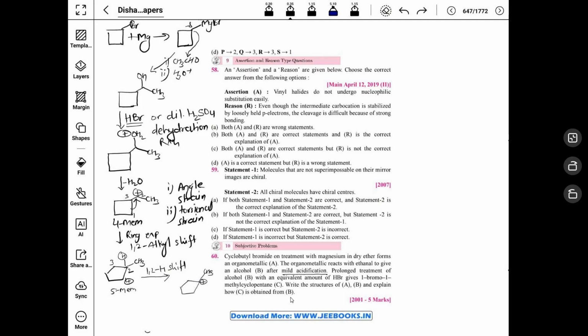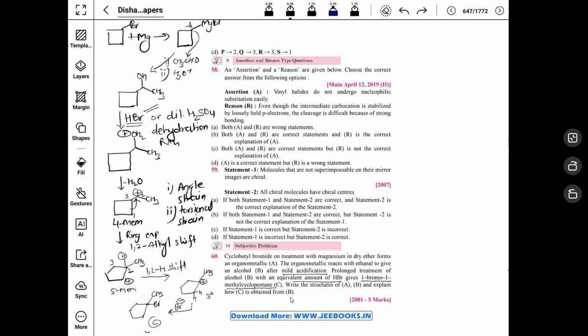This is the tertiary carbocation, and now this tertiary carbocation will be attacked by the bromide ion, because in the reaction mixture there is bromide from HBr. Therefore, it will give you the desired product C, 1-bromo-1-methylcyclopentane.